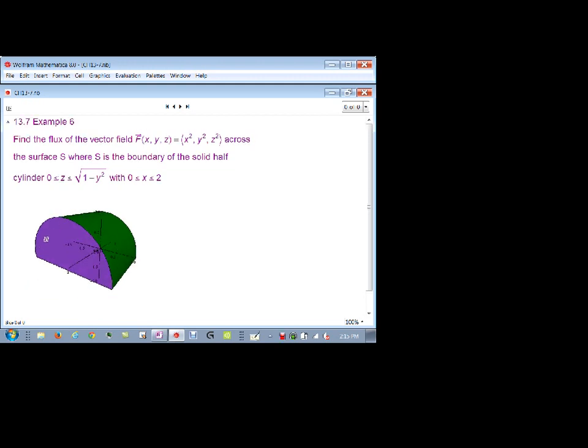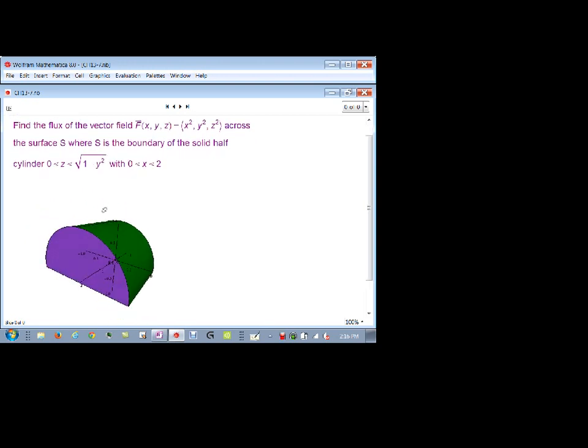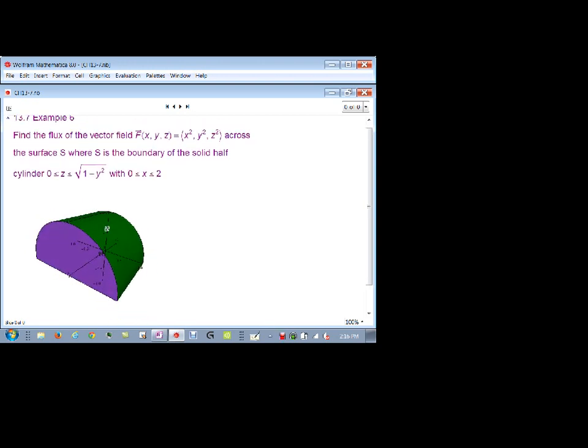Now, the vectors coming off this cylinder, that cylinder is a function of what two variables? Or is it really even a function of two variables? This right here, the green. What two variables is it a function of? X and Y, because you can look at the XY plane as being the floor and then cast everything up into the surface. So what do the normal vectors of this look like?